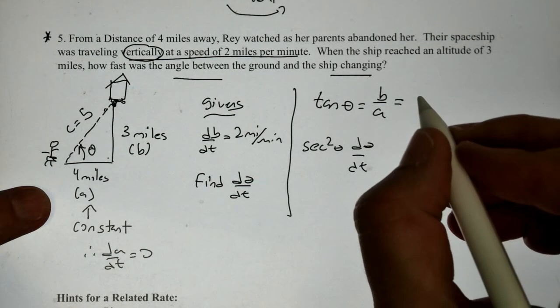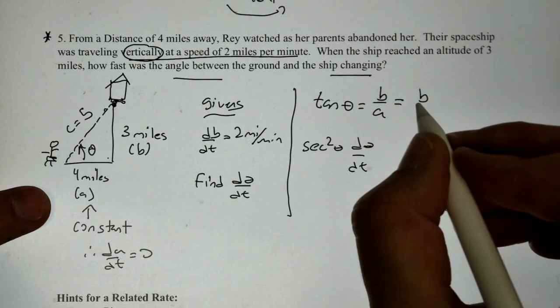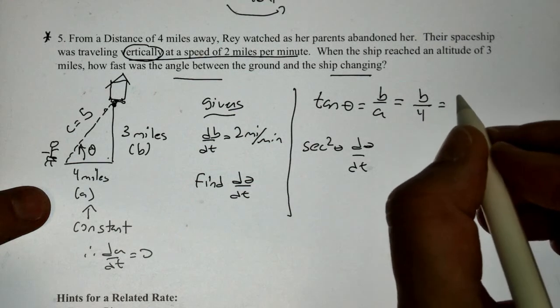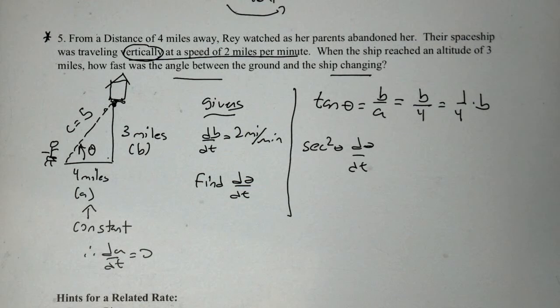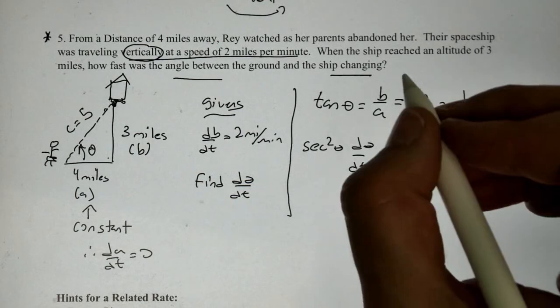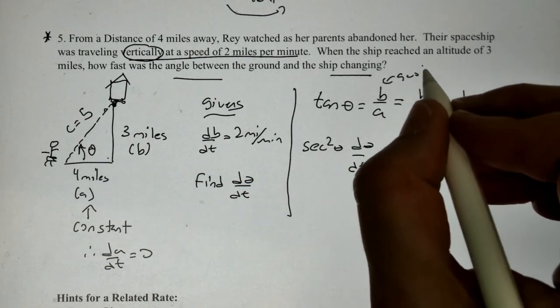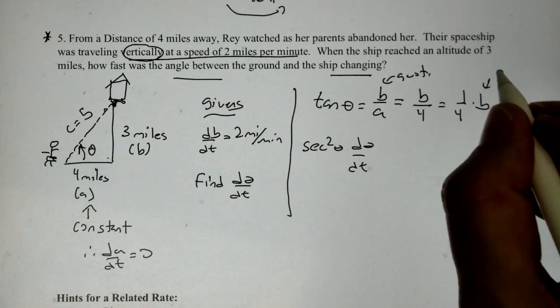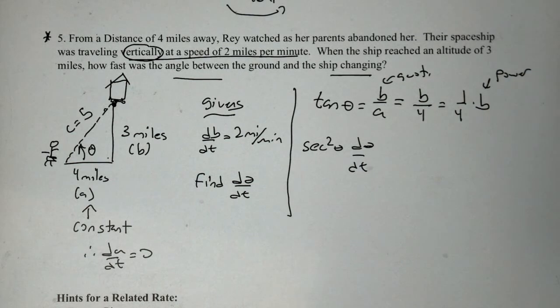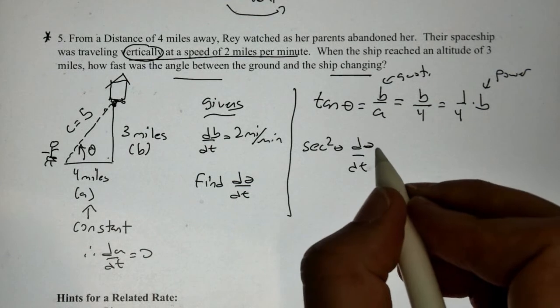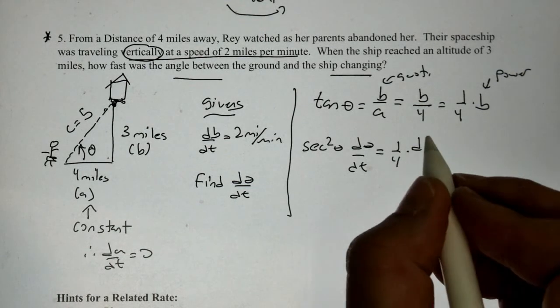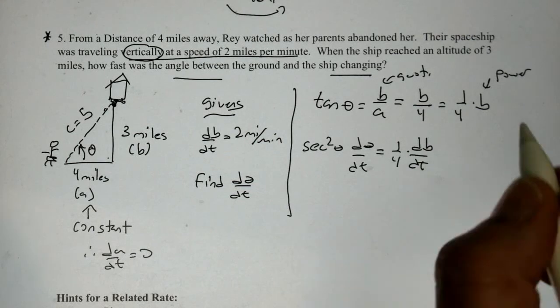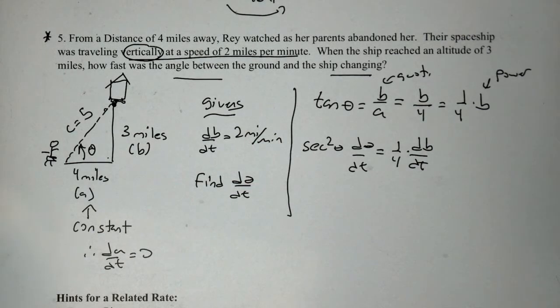Because a is a constant, I can write this as b over 4, or just 1/4 times b. And that's going to make our derivative easy. See, this right here, quotient rule. This right here, power rule. Much easier to do. So when I take my derivative, I'm going to keep the 1/4, but this becomes dB/dt. I took the derivative of b, I get dB/dt right there.